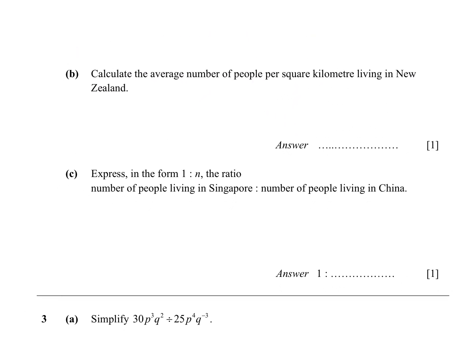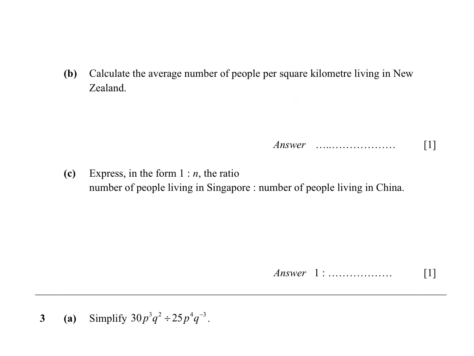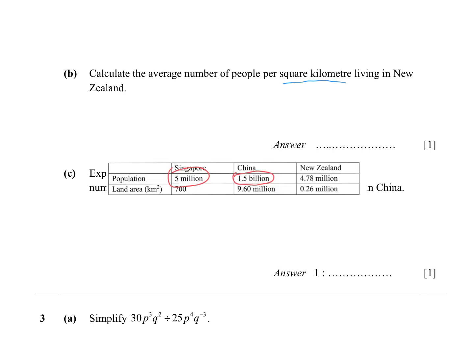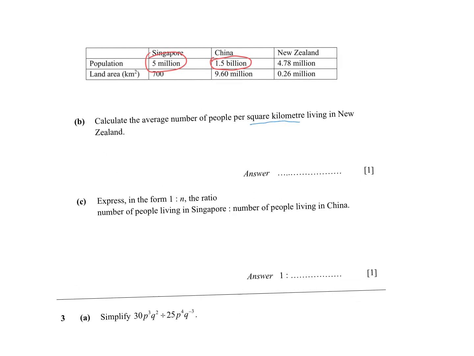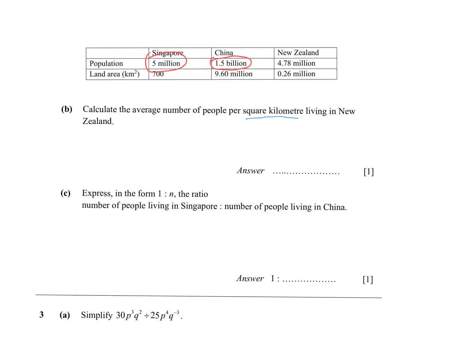Okay, next one. Find the average number of people per square kilometer living in New Zealand. So let's go back to the table. Okay, so I'm focusing on New Zealand now here. I want to find out the number of people per 1 kilometer square. So it's 4.78 million divided by 0.26 million.